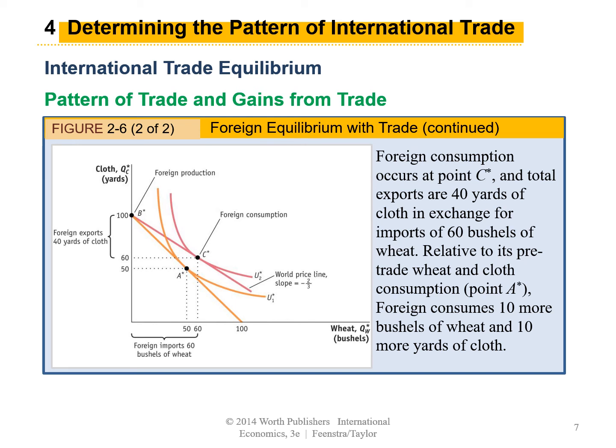The U2 asterisk, everything there with an asterisk is the foreign country's slope line, indifference curve, or whatever. So that helps us keep straight, especially if we put all these lines on the same diagram, home and foreign together. You really need the asterisk to know which one applies to the foreign country and which one applies to the home country.